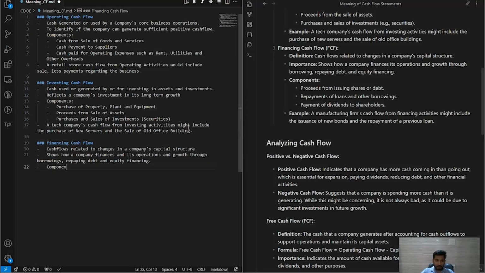Now the components are proceeds from issuing shares or debt, repayments of loans and other borrowings, and payment of dividends to the shareholders.